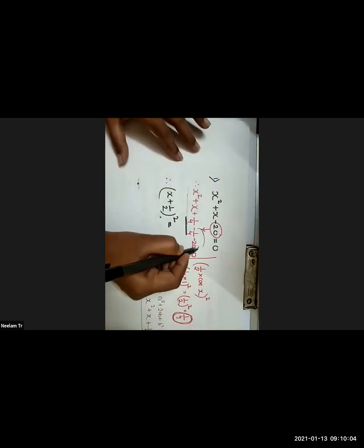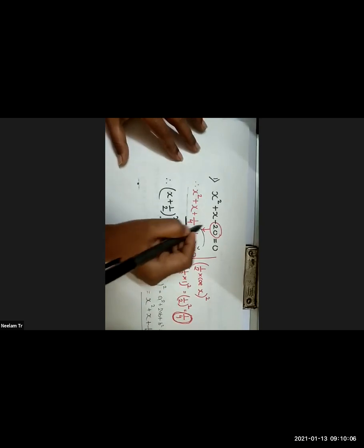Now your third step is to take it to the right hand side. When minus 1 by 4 goes to the right hand side, it becomes plus 1 by 4, and minus 20 becomes 20.